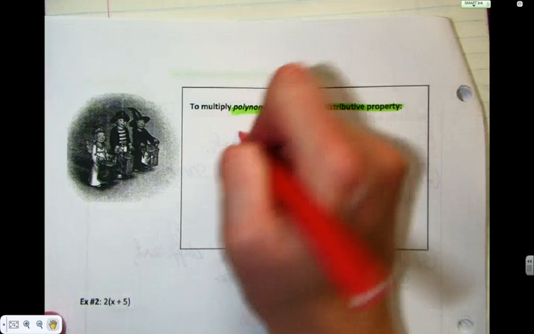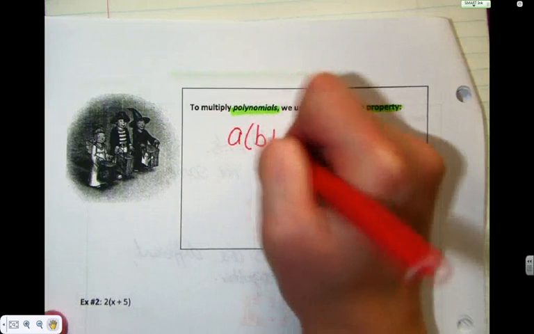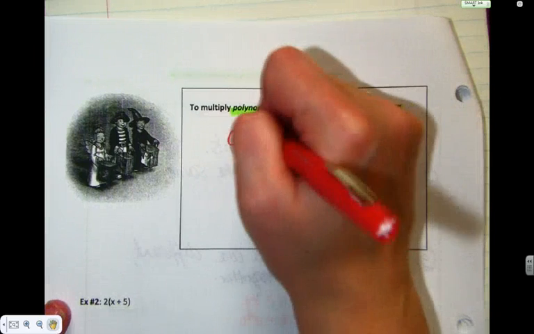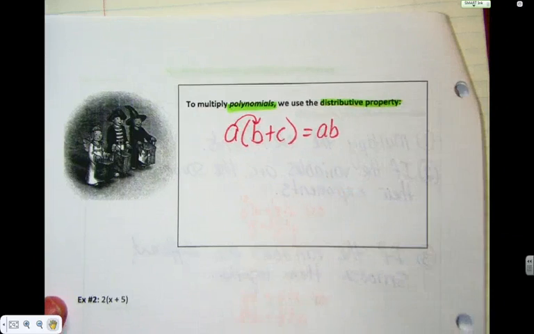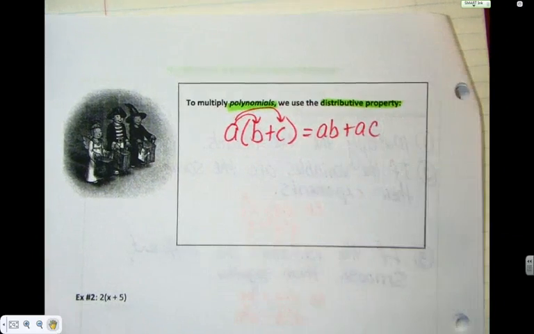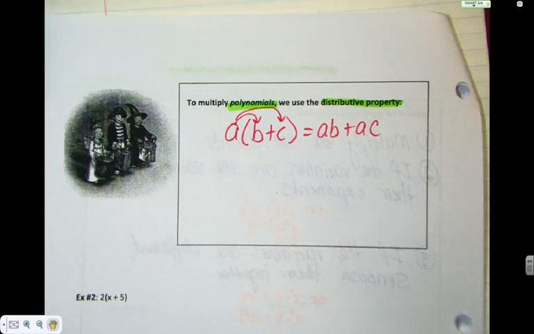So the distributive property says that a times bracket b plus c equals, we do a times b, which is ab, and we do a times c, which is ac. That's the distributive property. What we've done is given the a to b and the a to c. We distributed the a.